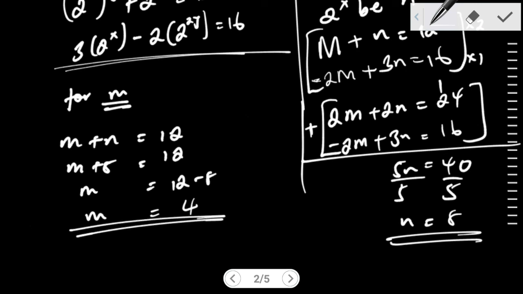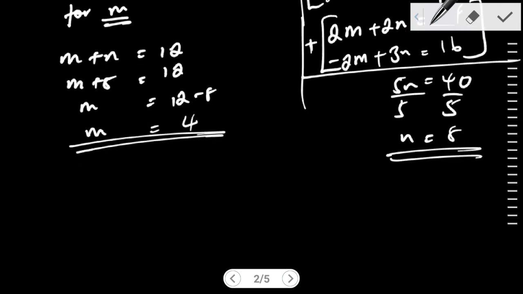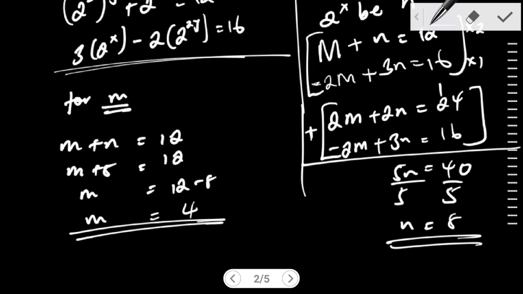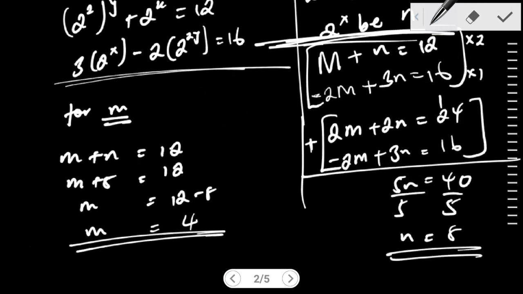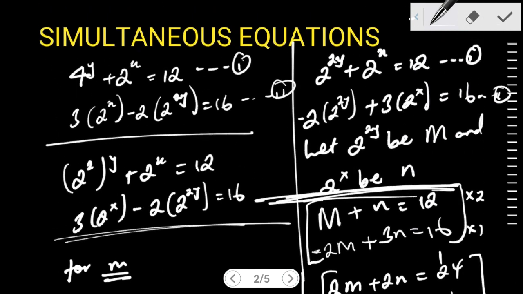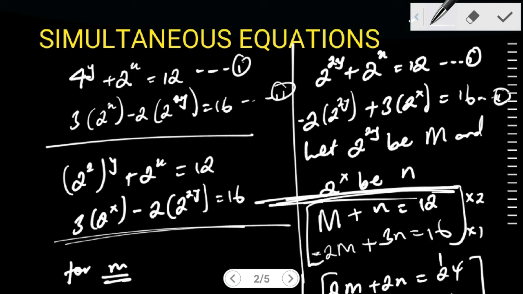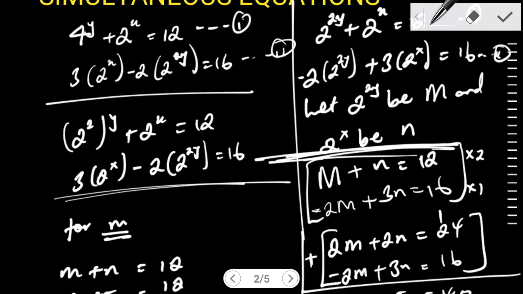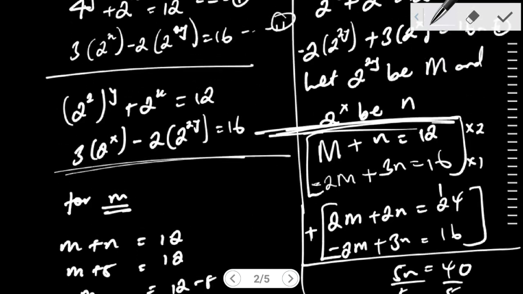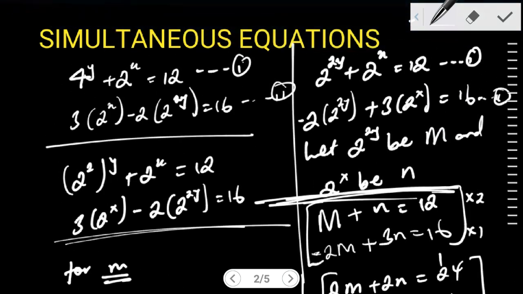Now, having got that, remember you're not yet completely done. We're still working, because if we look here, we have n and m representing something. We want to get the actual values, x and y.